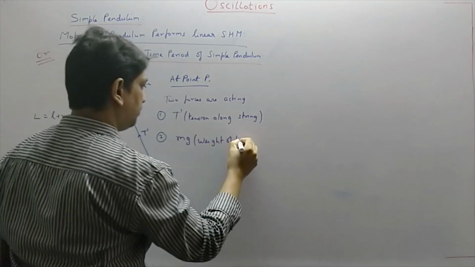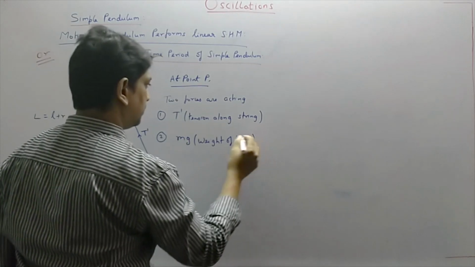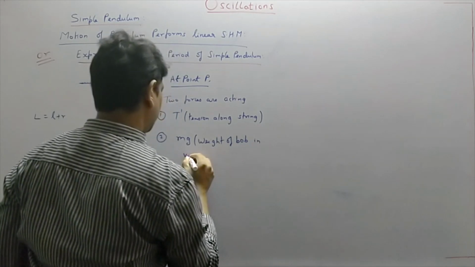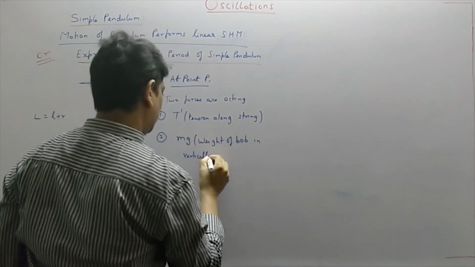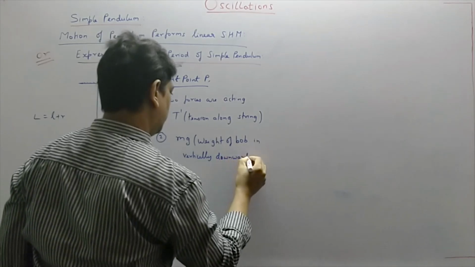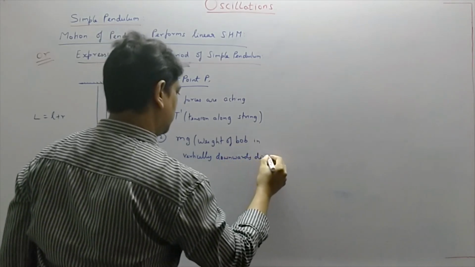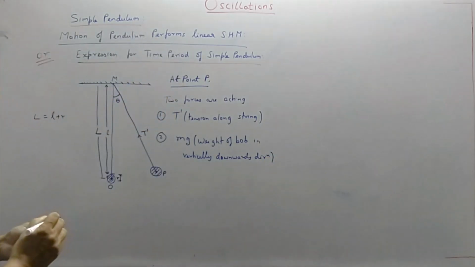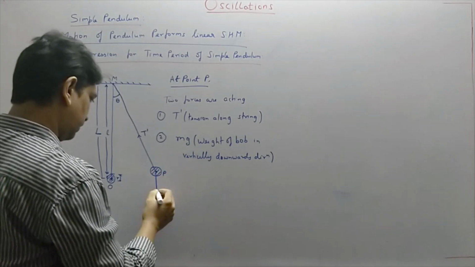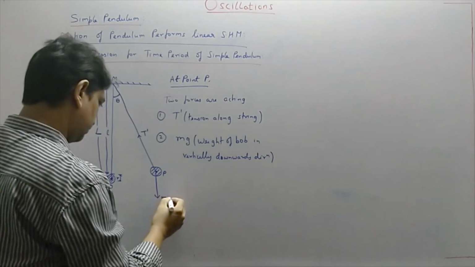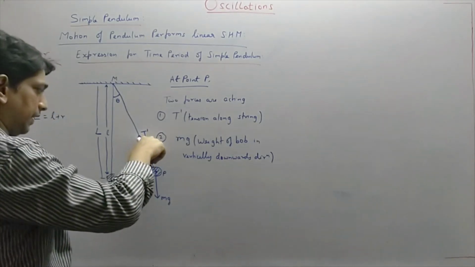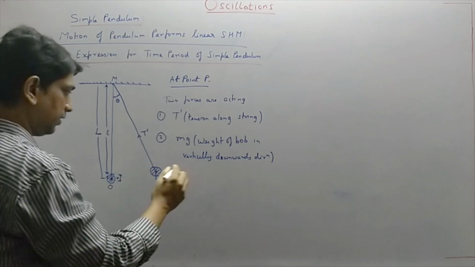the weight of the bob in the vertically downward direction. So the weight mg is in the vertically downward direction, and something is balancing T dash. What is balancing T dash?